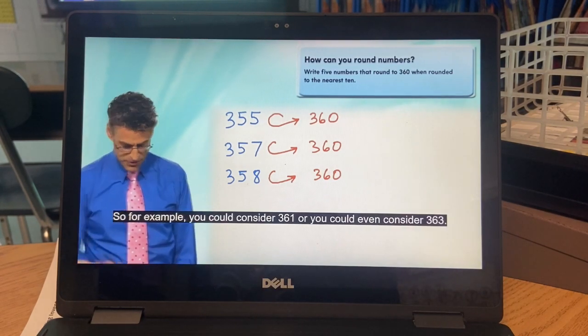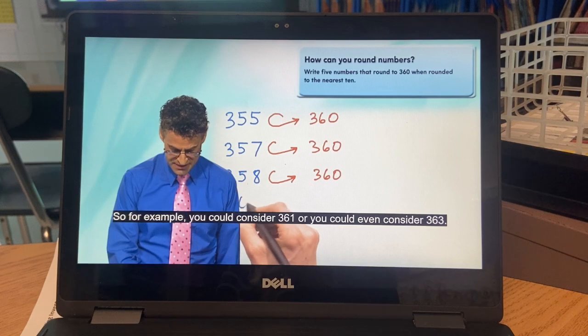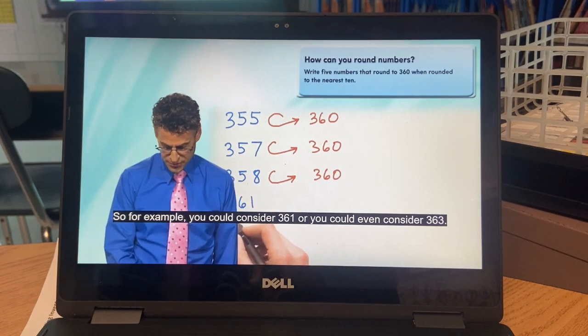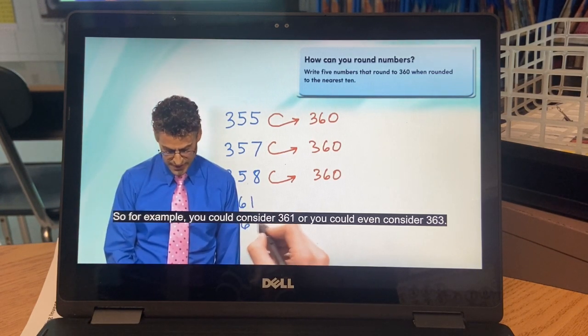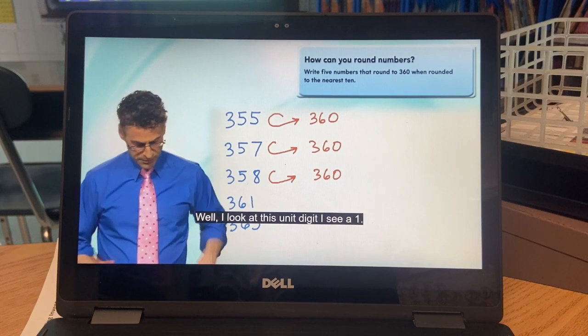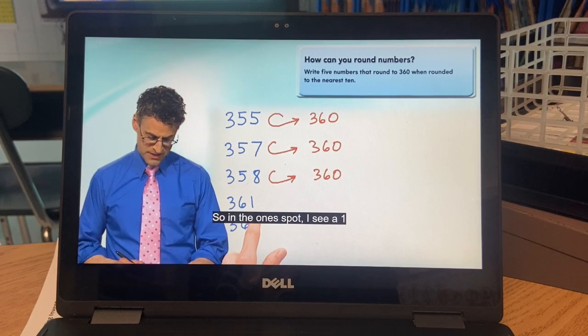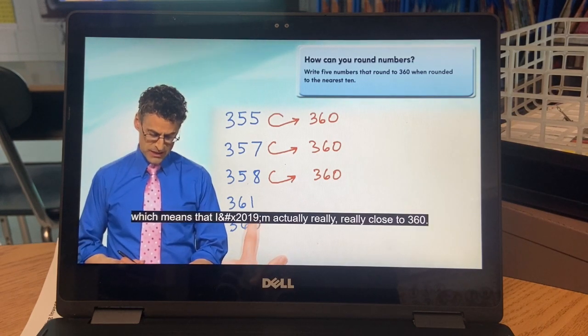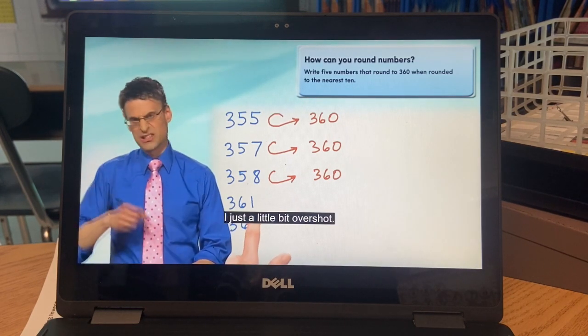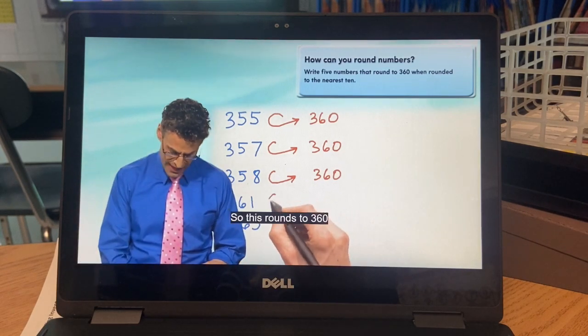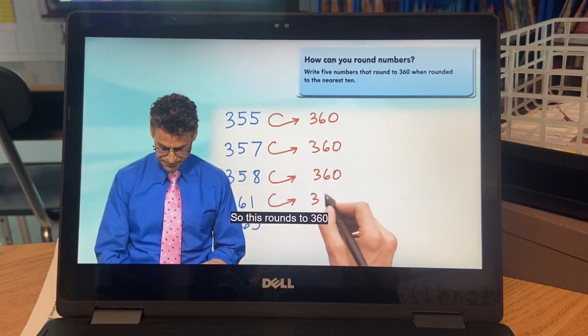So as long as we stay under 365, we're good to go. For example, you could consider 361, or you could even consider 363. How would those round? Well, I look at this unit digit, I see a 1, which means that I'm really, really close to 360. I just overshot a little bit, so this rounds to 360.